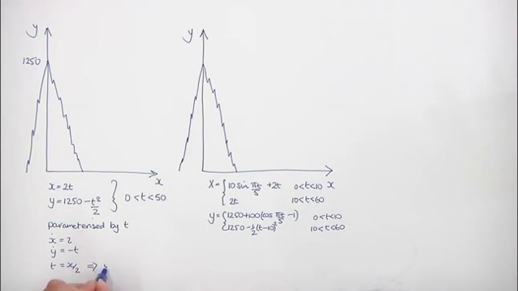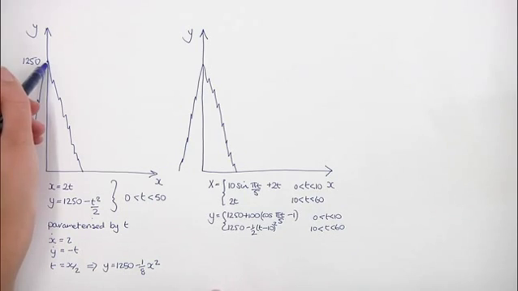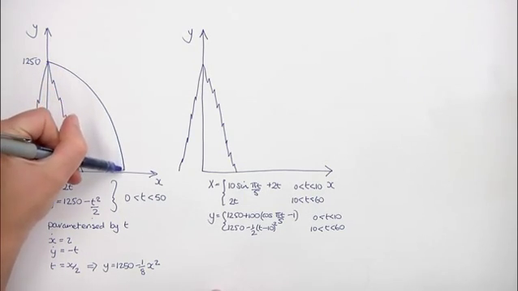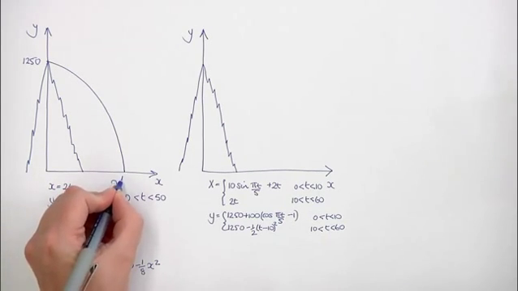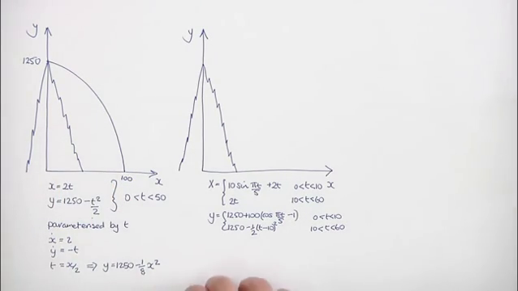So that means that y is equal to 1250 minus an eighth x squared. So our trajectory is just a parabolic path starting at 0, 1250 and ending at the ground where x is 100.